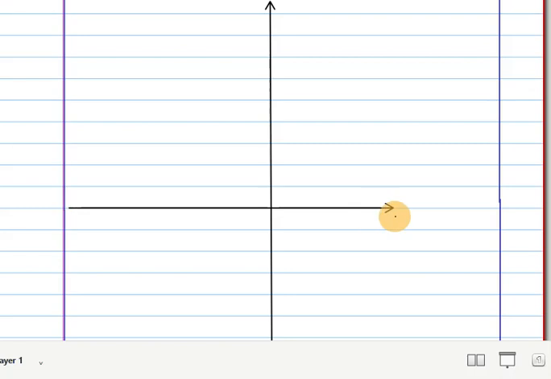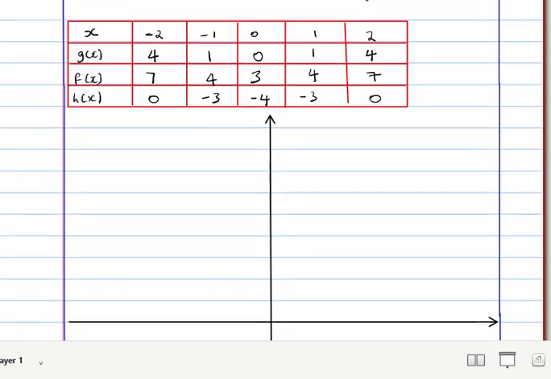You see, I gave myself enough space here even at the bottom because I have negative output values of -3 and -4.